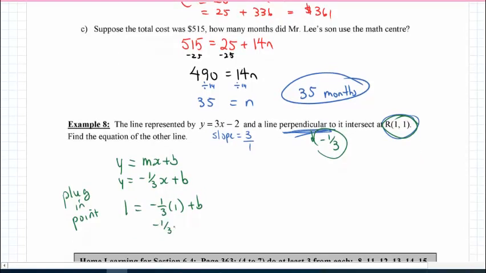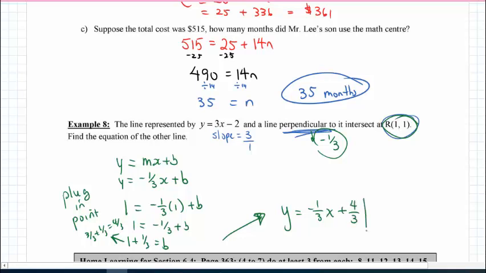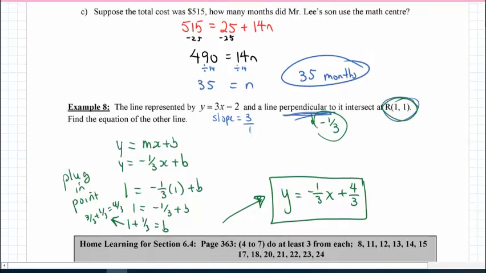Negative 1/3 plus b equals 1, so b equals 1 plus 1/3. That's just 3/3 plus 1/3, or you got it, 4/3. So y equals negative 1/3 x plus 4/3. And we're done. And you can try these questions here.